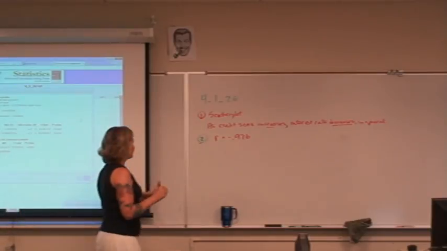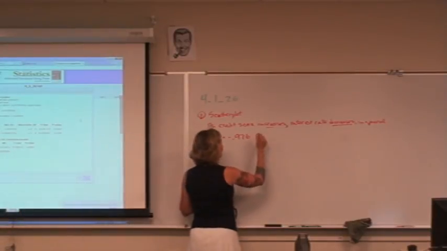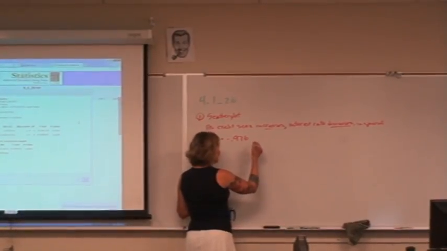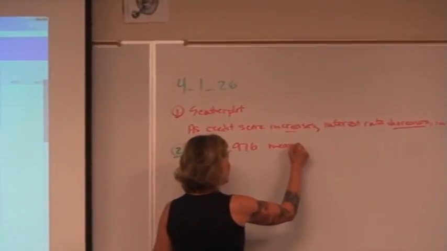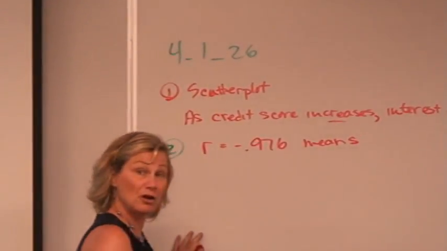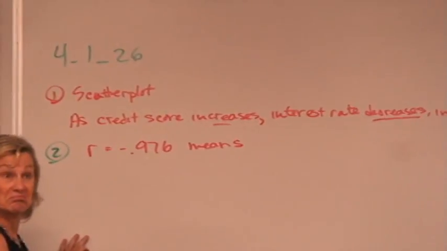And let's say what this R value means. An R of -0.976 means, do you think we could say very strong? Yeah, I think we can.